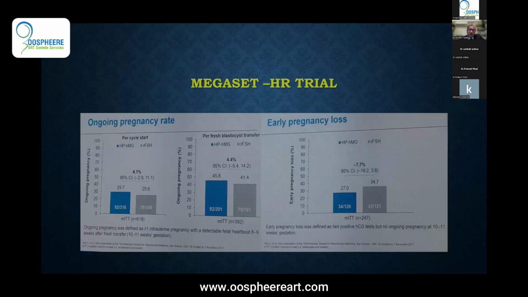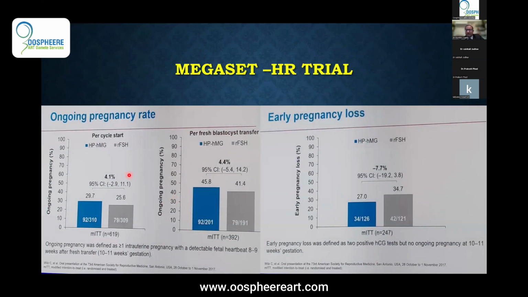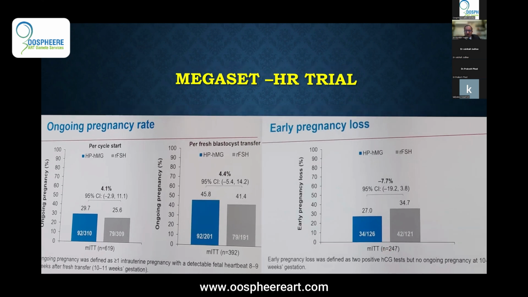If you look at the ongoing pregnancy rate, because that is where our interest is, there is no difference in ongoing pregnancy rate between recombinant FSH and HMG. And also, when it comes to early pregnancy loss, there was a difference of 7.7% in miscarriage rate between HMG and recombinant FSH. So HMG has a lower early pregnancy loss.